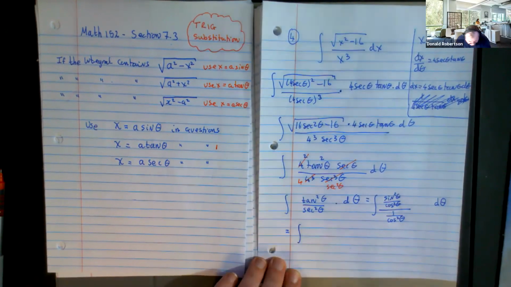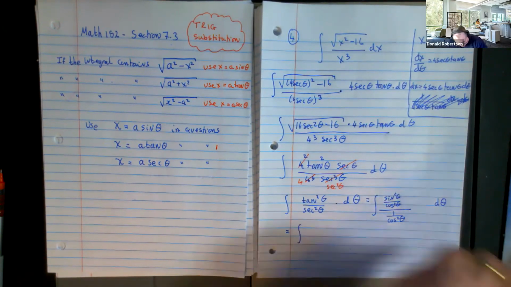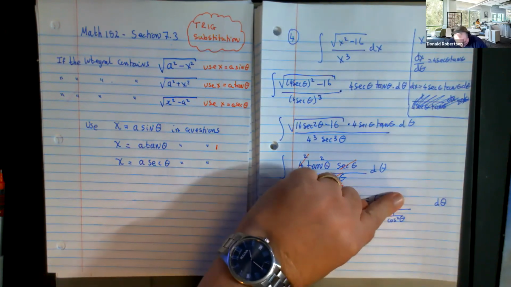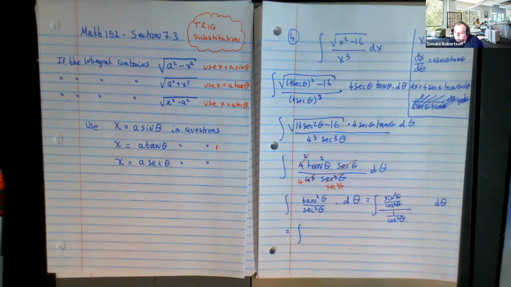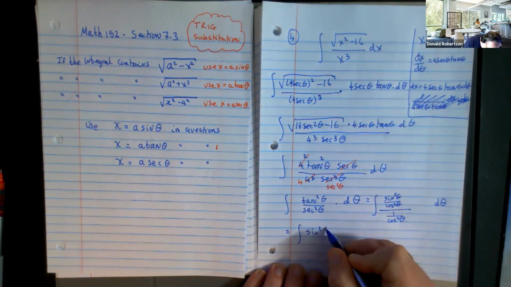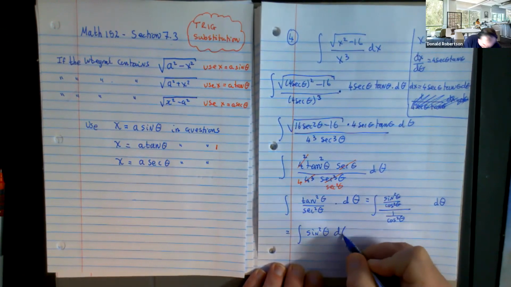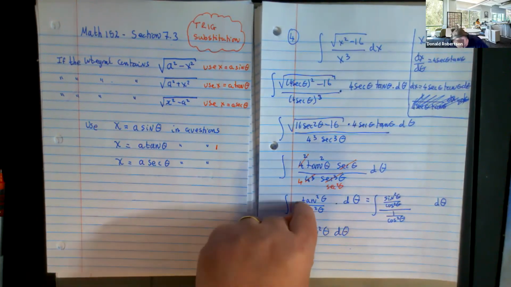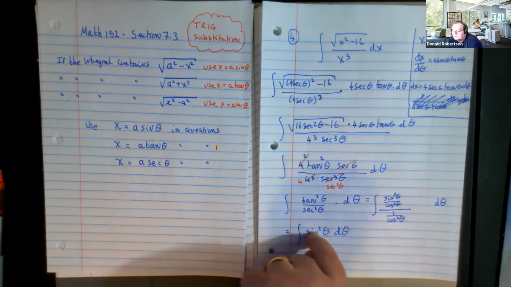Now the hard part. Do you know that this and this cancel? You take the top and multiply it by the reciprocal, and they cancel, leaving sine squared. So that might be what you started with, but this is the guy we're going to integrate.